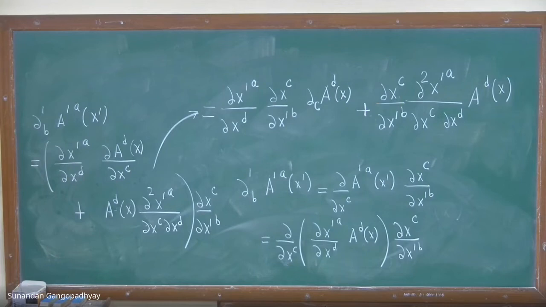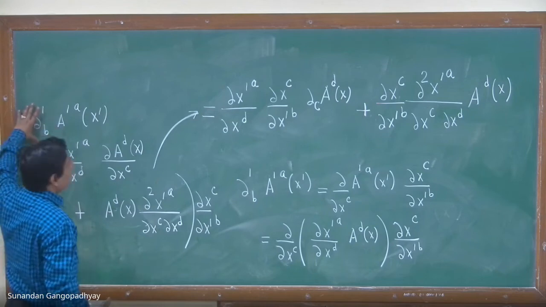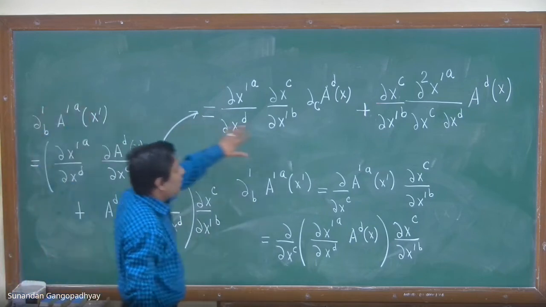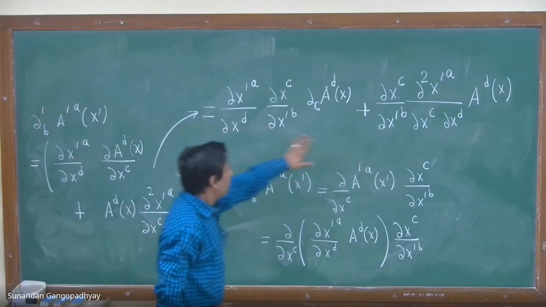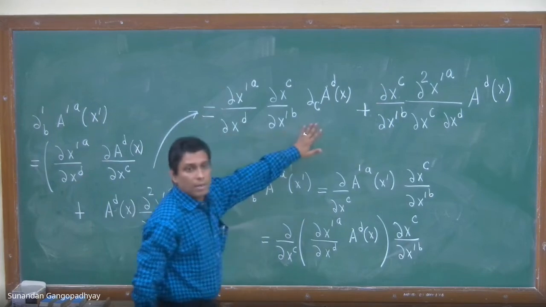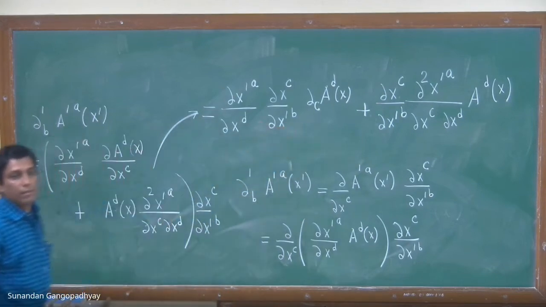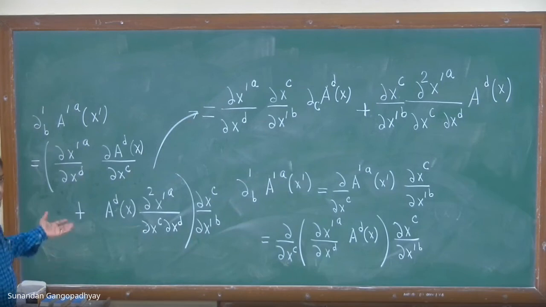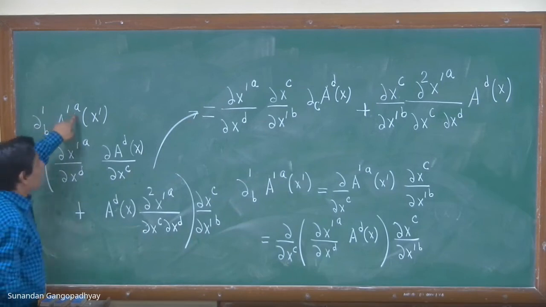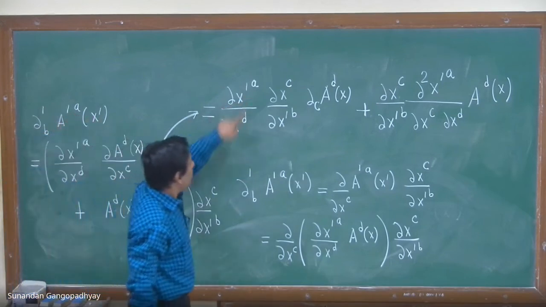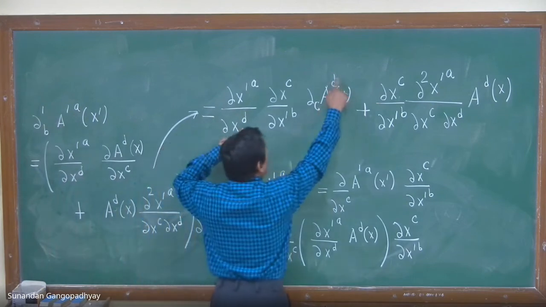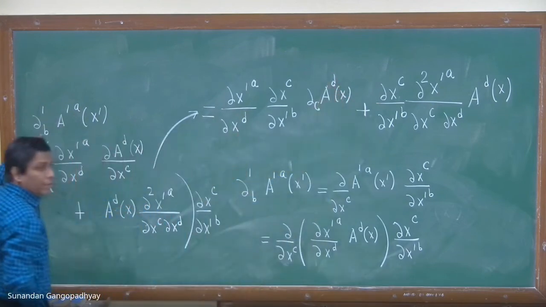Is it clear? So you can see from here how this term transforms. The first term transforms like a vector, with the contravariant index x prime a and the dummy index, and the covariant index is the covariant index.